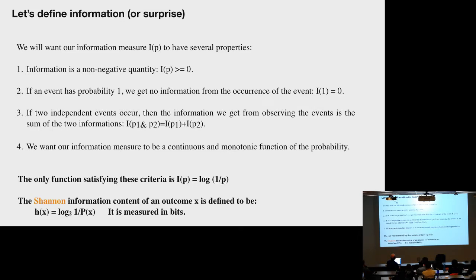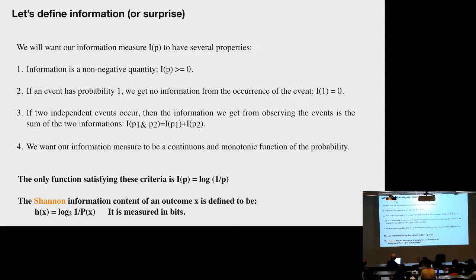As a result of this, there is one answer. Only one function satisfies these criteria, and it is the following. The information corresponding to an event with probability P is the log of 1 over P. This is the definition of Shannon information, the information content of an outcome x coming from a probability distribution function.